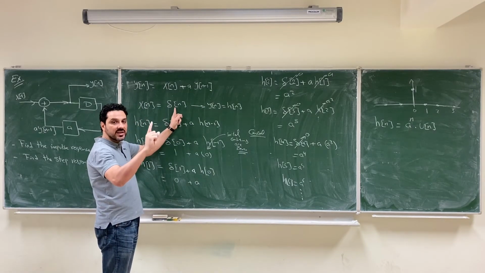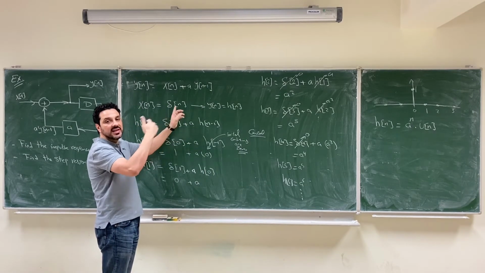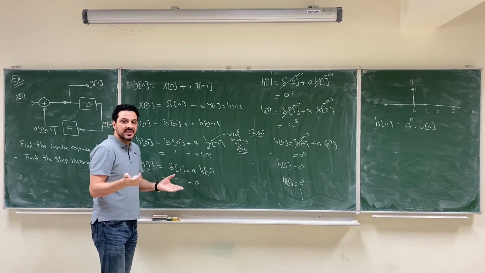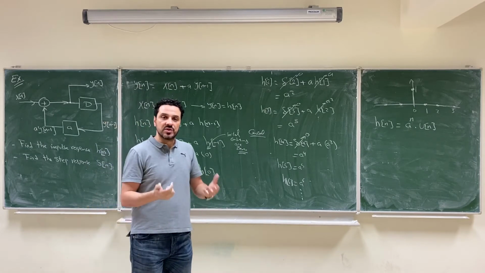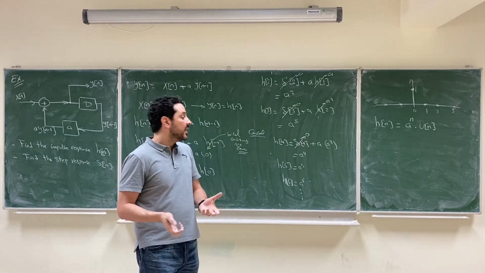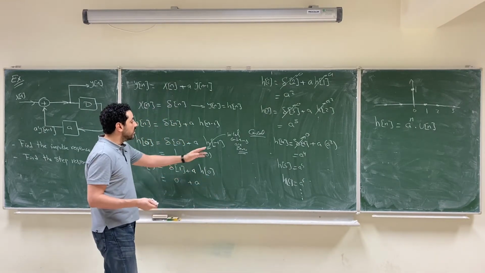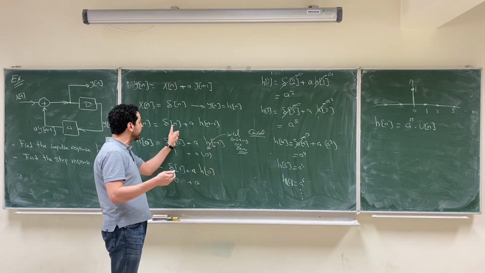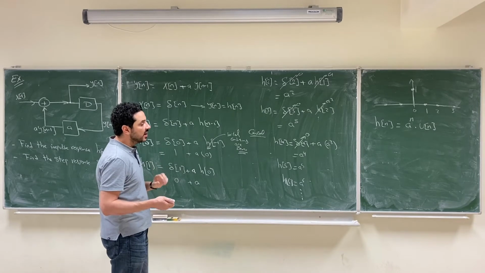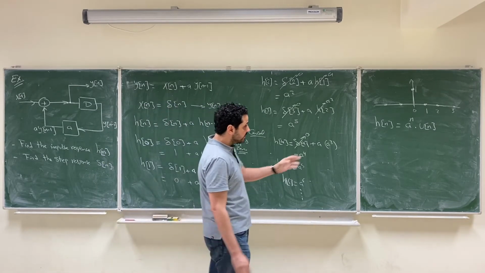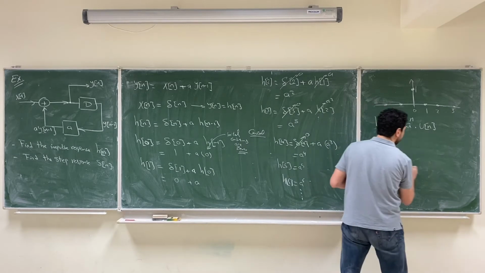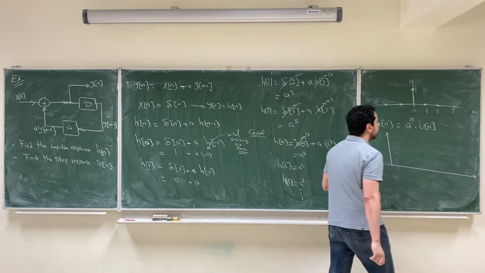Delta appears at 0. So we assume that all signals before the input were 0. There is no signal in the system before the input comes, which means that our system is causal. We assume that our system is causal. All initial conditions, all the responses of our system before the input, were 0. So we found here that our impulse response is a to the power n, u of n.